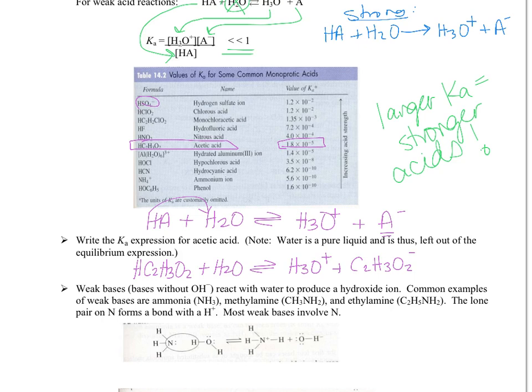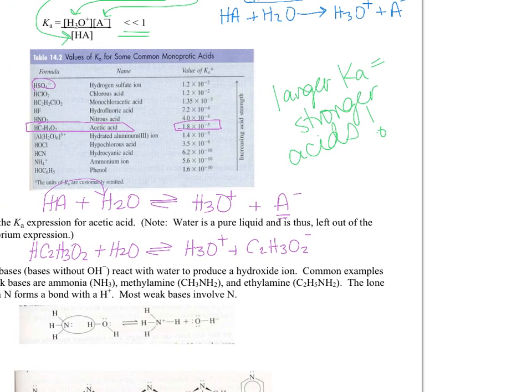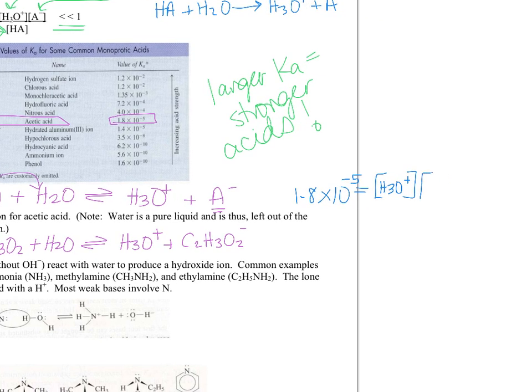To write the equilibrium or Ka expression, I have to use the actual Ka value. So the Ka, which is 1.8 times 10 to the -5, will equal the concentrations, because these are all aqueous so there are no pressures. Products are H3O plus, and everything's to the 1, so that makes it easy, and C2H3O2 minus.